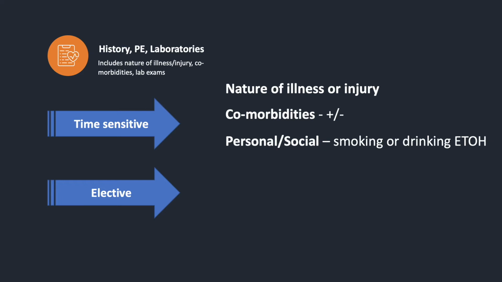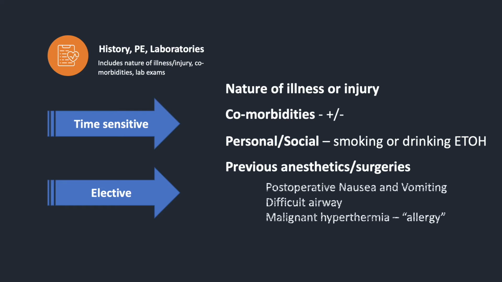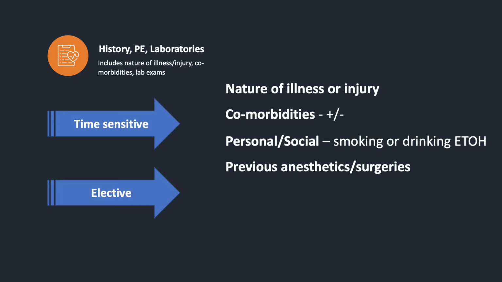This can affect your anesthetic management as well. And this is important. If the patient has had previous anesthetics or surgery, you look for side effects from anesthesia like post-op nausea and vomiting, a difficult airway, or sometimes they mention allergy, and you need to dig some more and rule out malignant hyperthermia. And you ask for medication allergies.